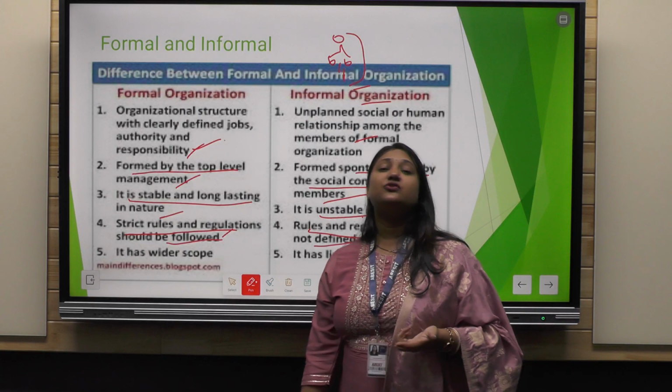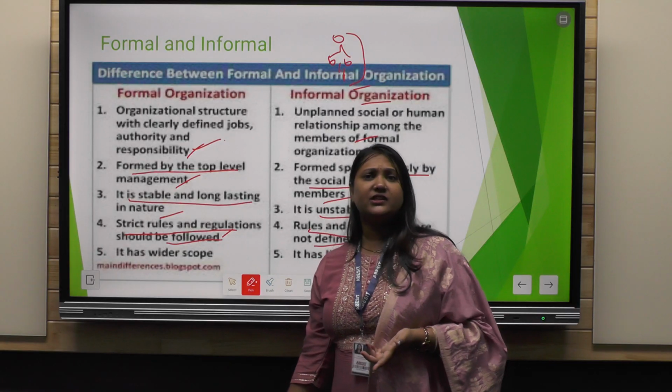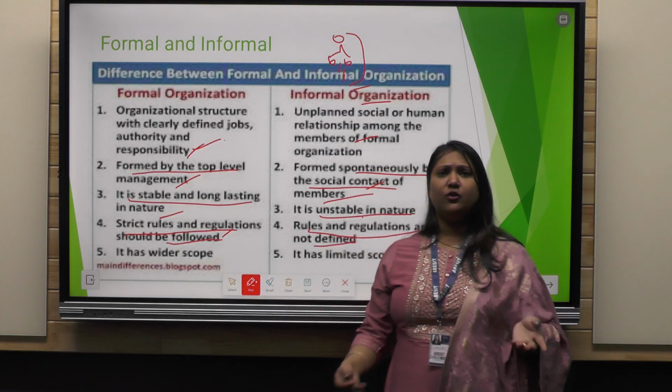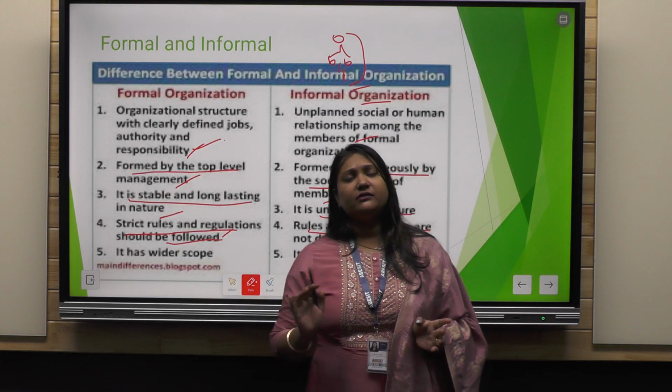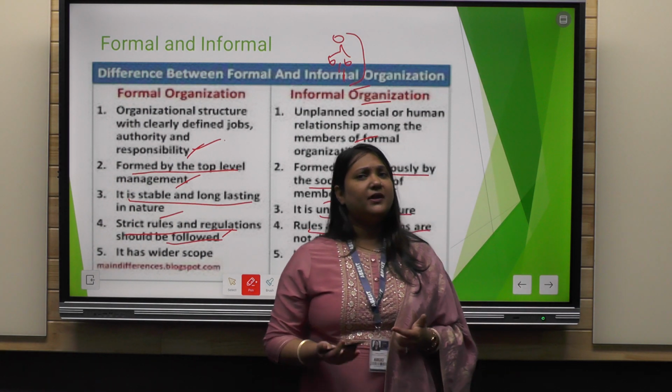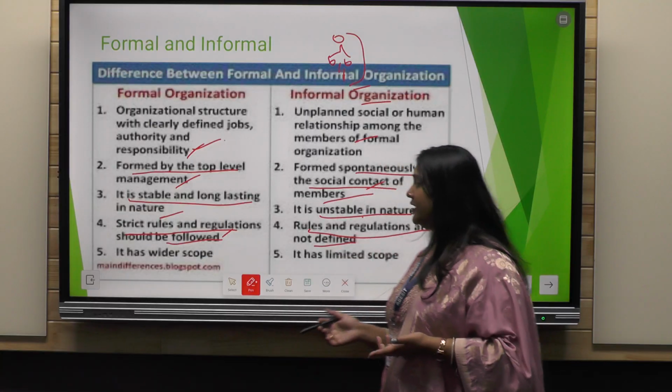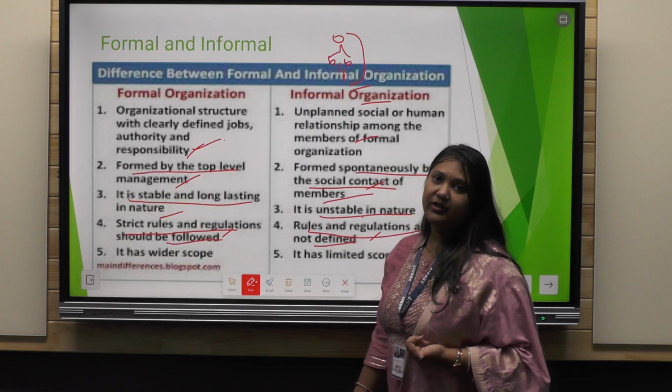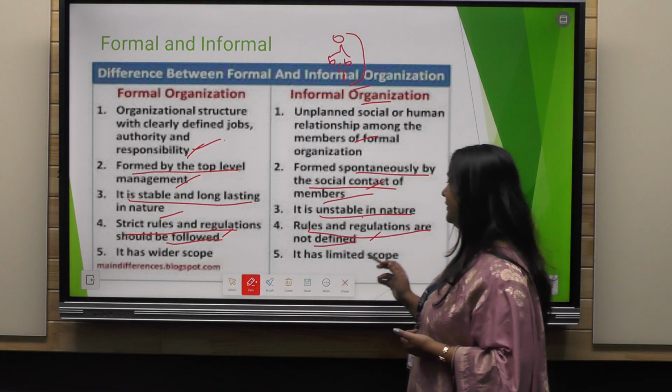There are no rules or regulations followed by the employees. They do their work in their own way, or they do not do their work, depending upon the employee only. There is no rule, regulation or discipline.